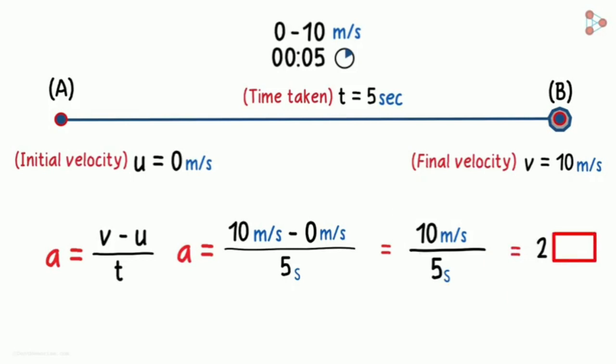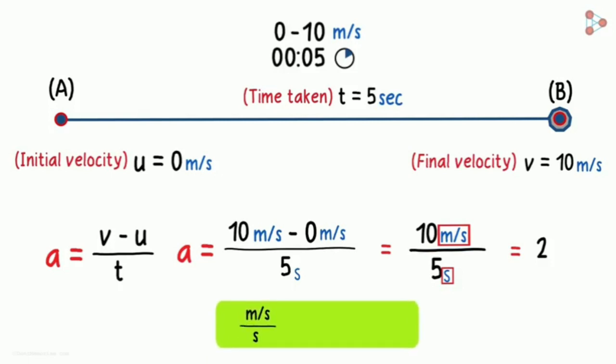And what is the unit then? You can clearly see here, its unit will be meter per second square, because in the denominator term there is seconds squared here.